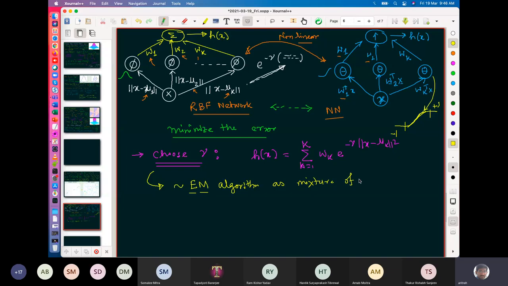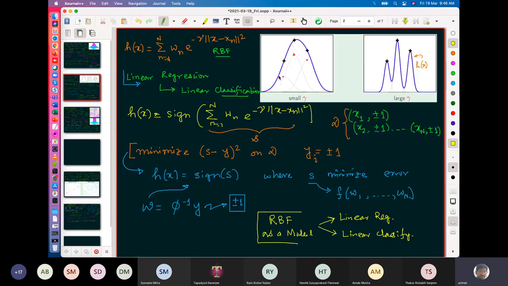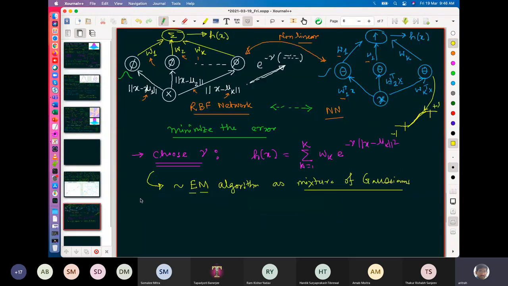So mixture of Gaussians is a model where you have seen this one. I have the final model as a mixture of all these Gaussians. So with respect to a weighted mixture, I am trying to get to a final model. So the final model should depend on gamma, as we have seen in that example, that in the mixture of Gaussian model, gamma plays a significant role.